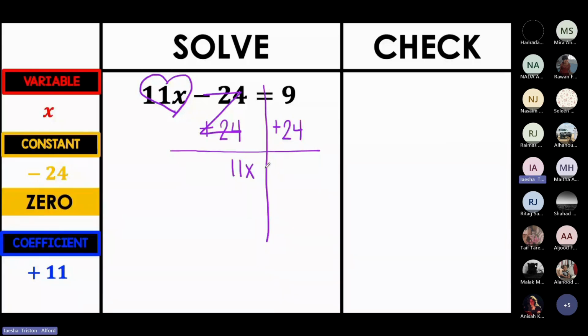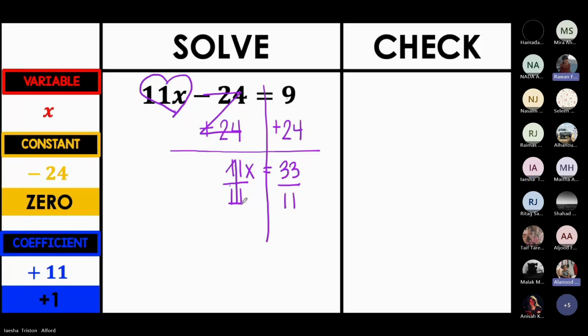The besties, put them down. The equal sign, down. Positive 9 plus 24 is positive 33. The coefficient, we want to make it positive 1. How are we going to do it? Divide both sides by positive 11. Positive 11 divided by positive 11 makes positive 1.